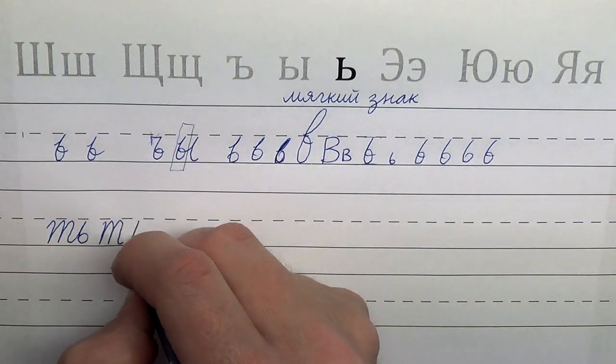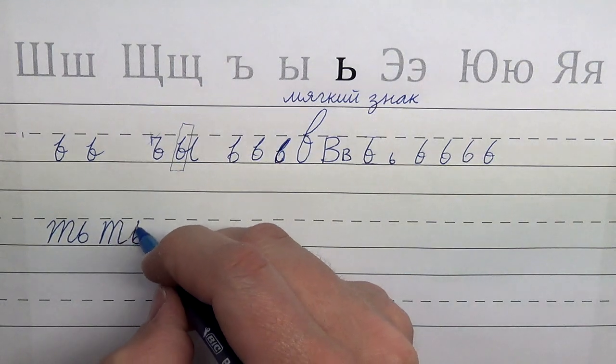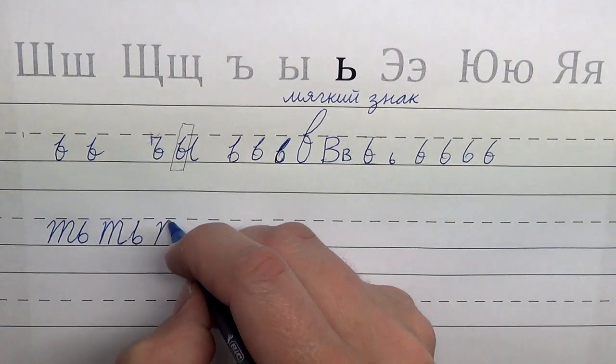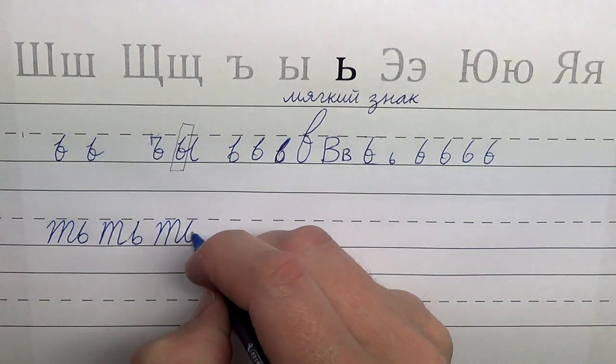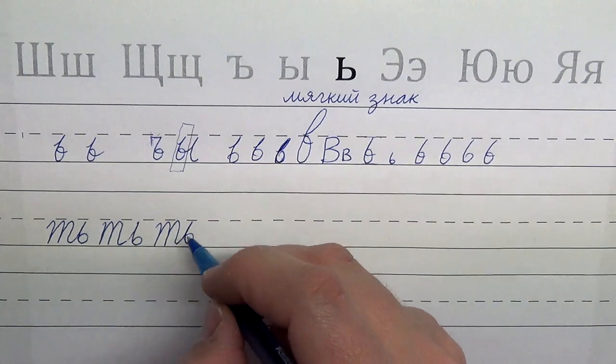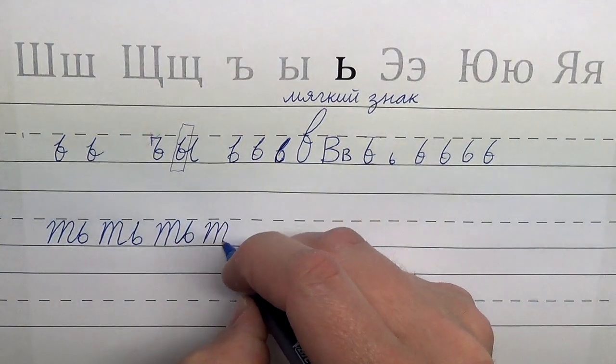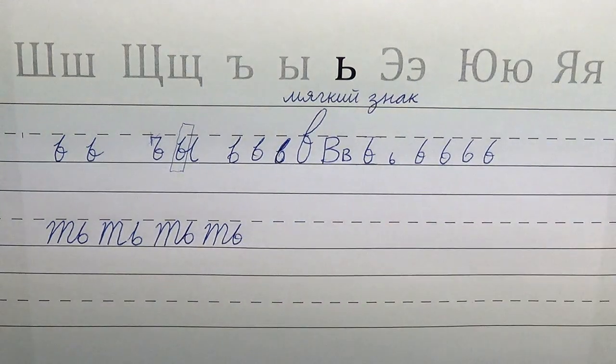Here where мягкий знак begins at the high point, I just connect straight up like that. So T. Мягкий знак. I don't want two lines here, or I might confuse it with an U, two vertical lines. So this would be a T. Мягкий знак.